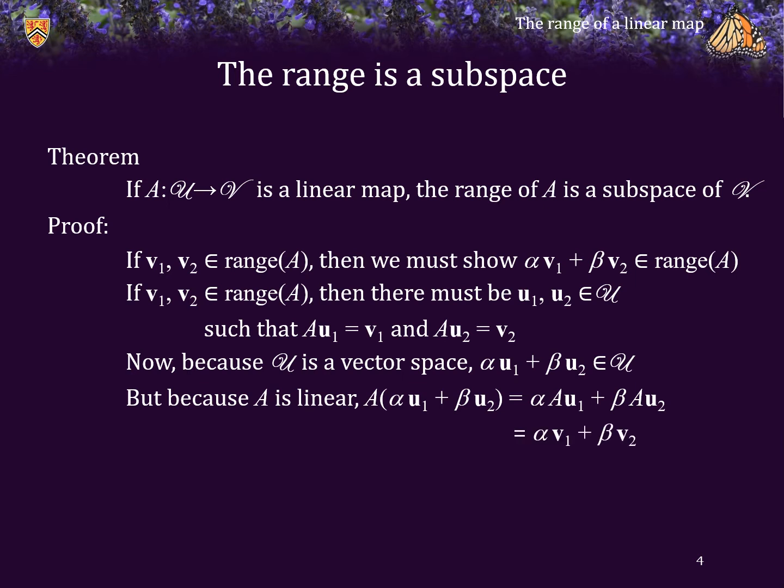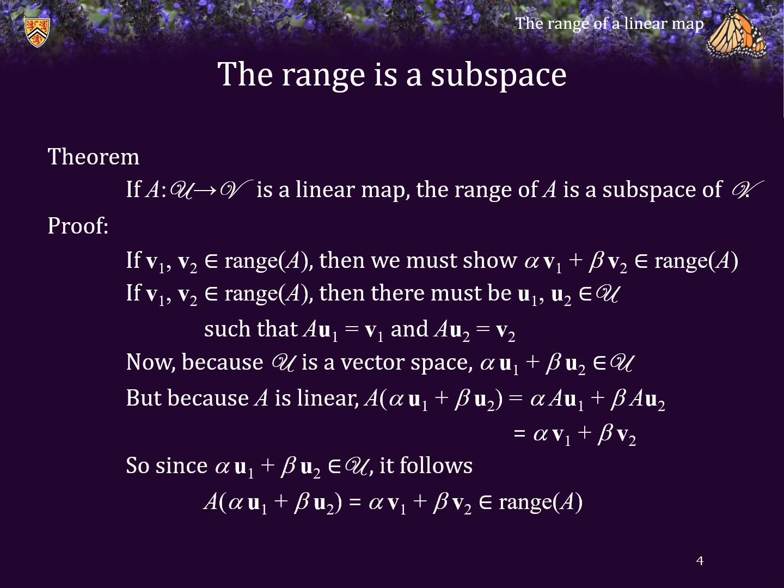But wait a second, A applied to u1 is v1 and A applied to u2 is v2. So therefore, the linear combination of the vectors v1 and v2 is also in the range because it is the image of the linear combination of u1 and u2.